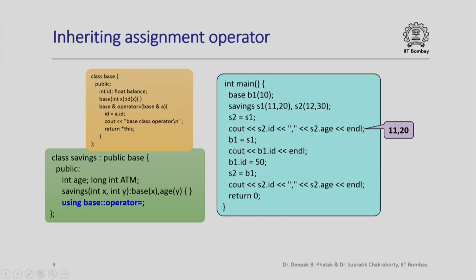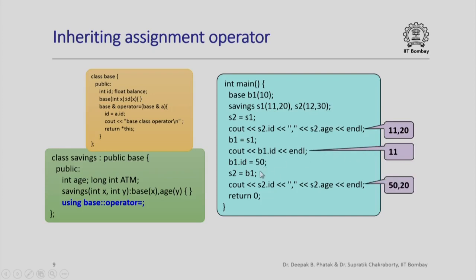When you do this assignment, it is really the operator equal to of B1, which is of the base class, will get invoked with the argument S1. S1 being an object of class savings can also be viewed as an object of class base, and so this method is going to get executed. You will see the statement being printed out, and B1.id will get the same value as S1.id, which is 11. So when you print out B1.id, you will see 11.